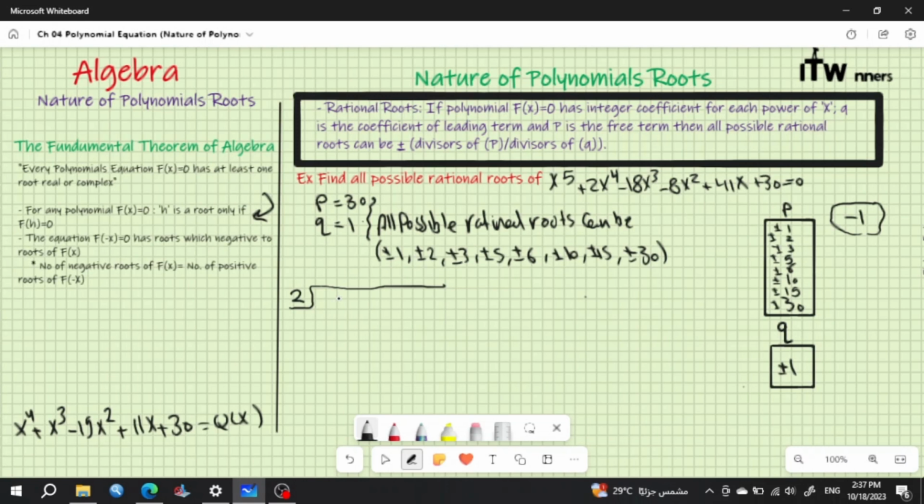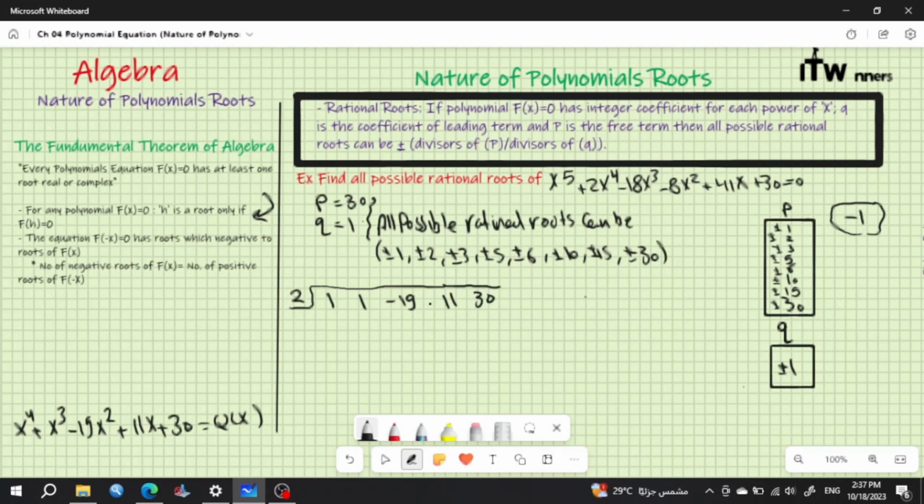Plus or minus 2, let's start with 2, and we start with the quotient: 1, 1, negative 19, 11, 30.